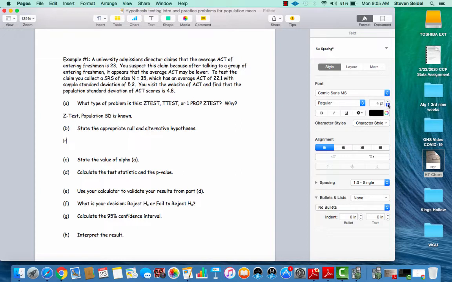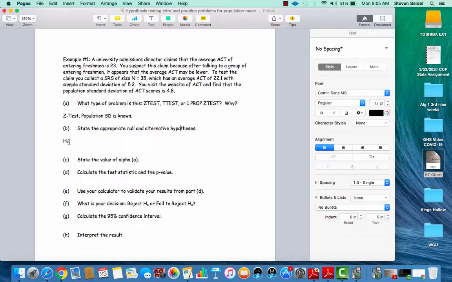Well, what is the null? I think I made that too small. Hang on. There we go. So the null hypothesis would be what?